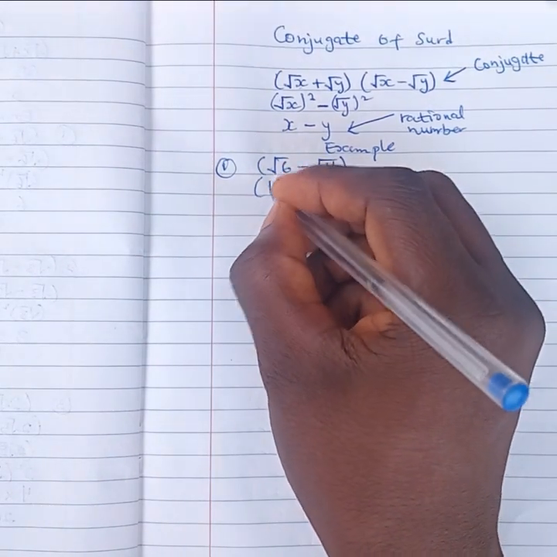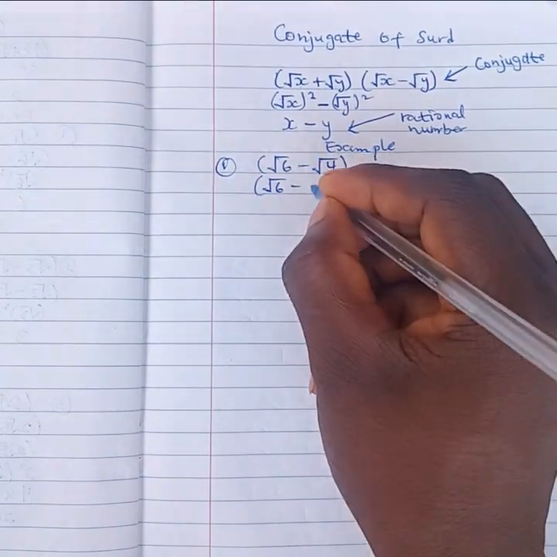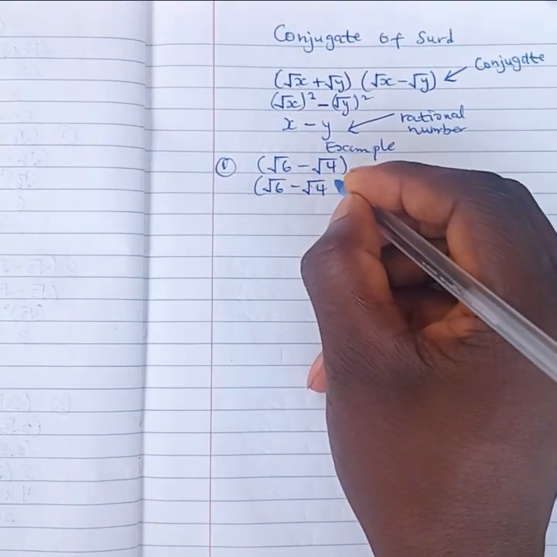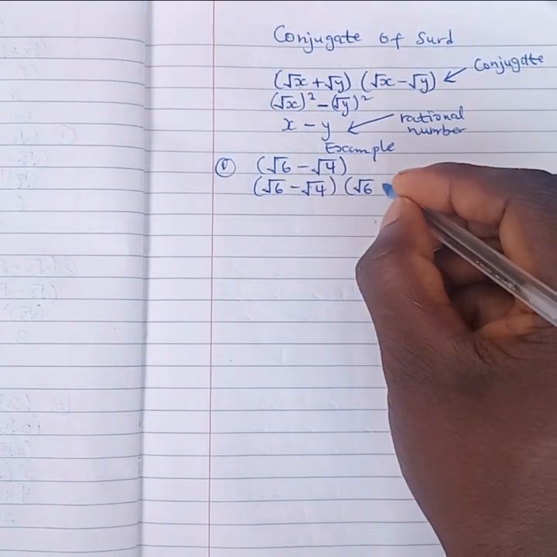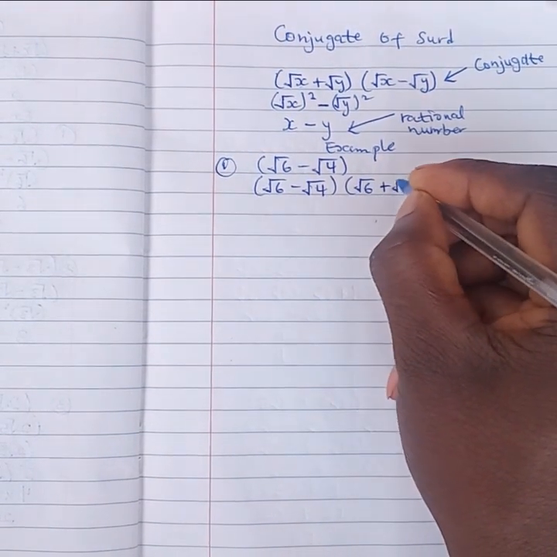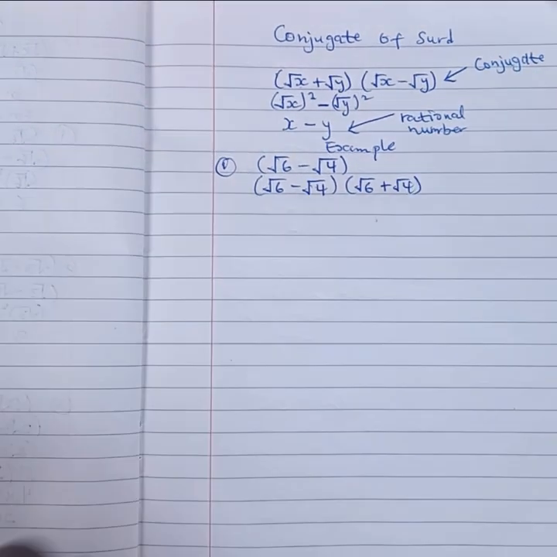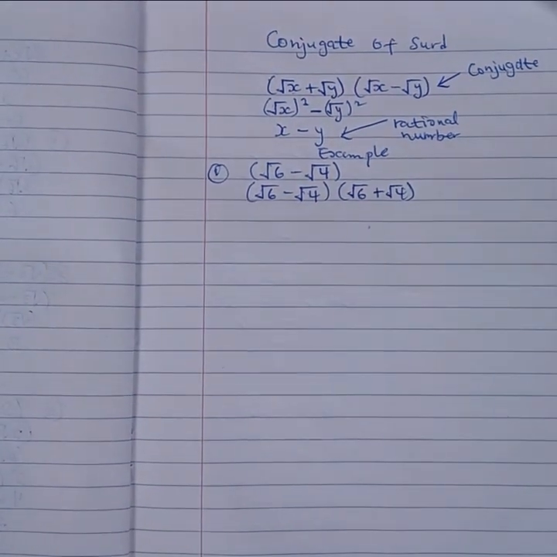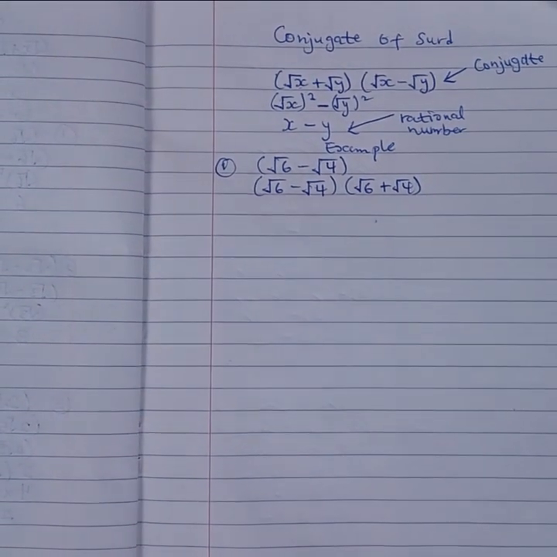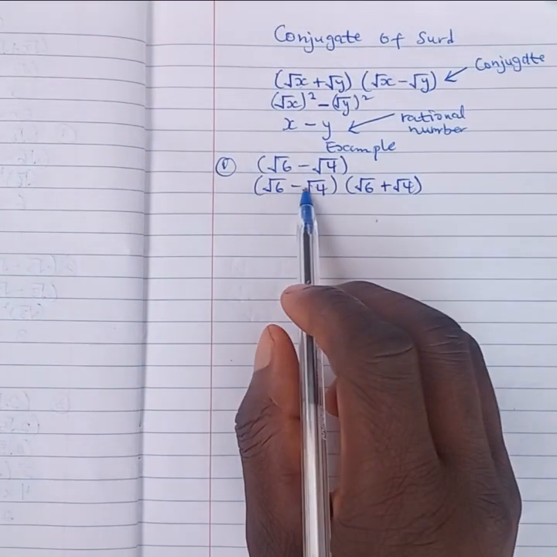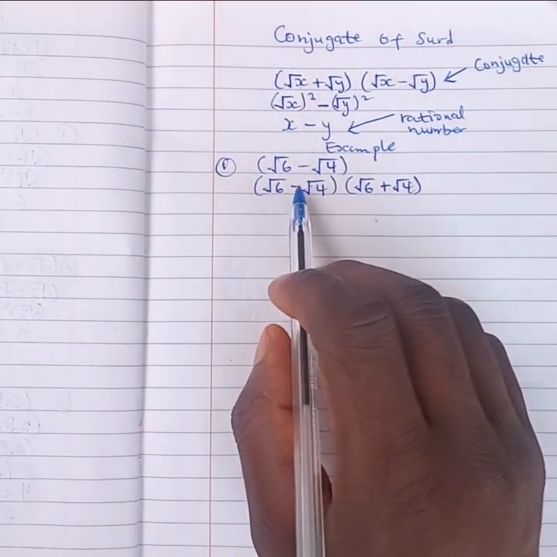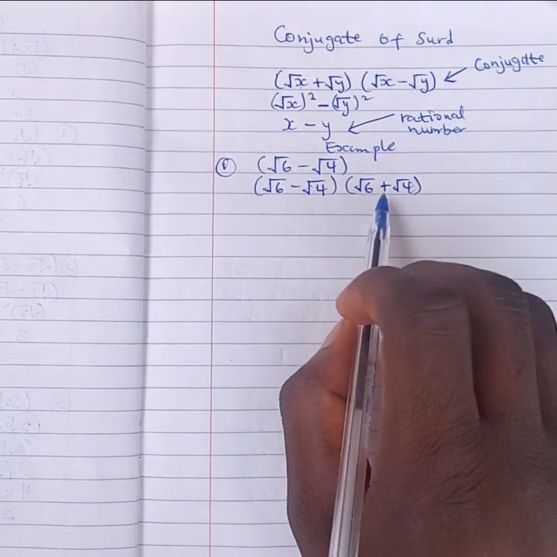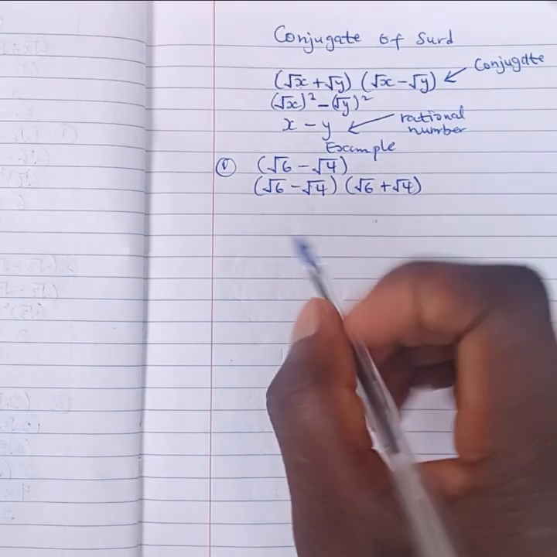So we get square root of 6 minus square root of 4 multiplying square root of 6 plus square root of 4. When you are multiplying it by its conjugate, the operation sign here will change. So here will become positive.